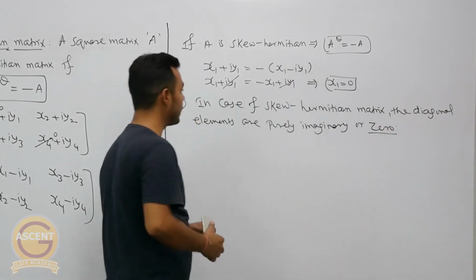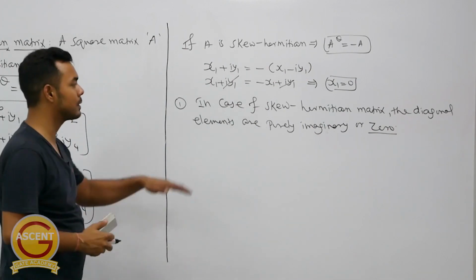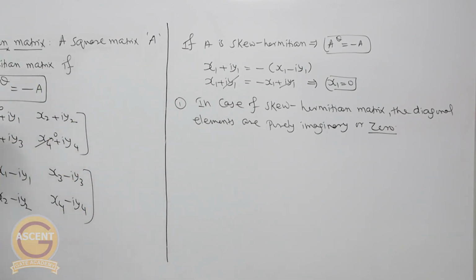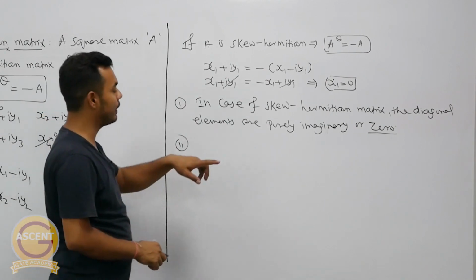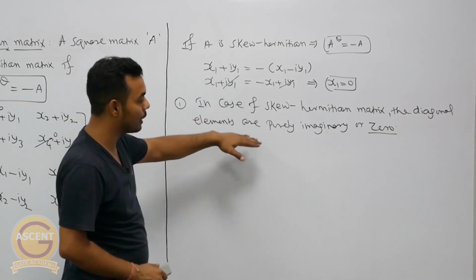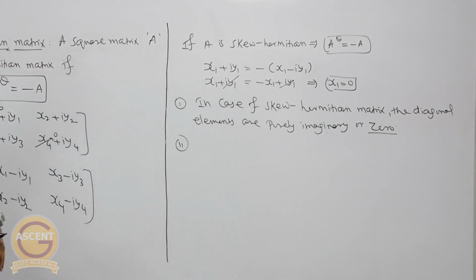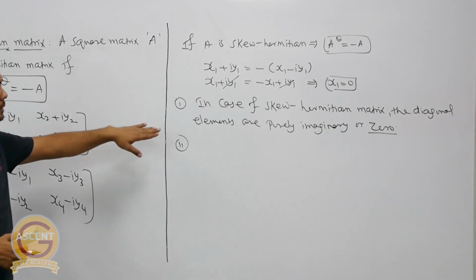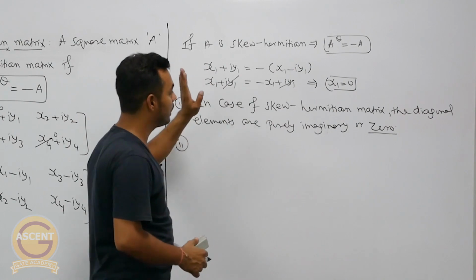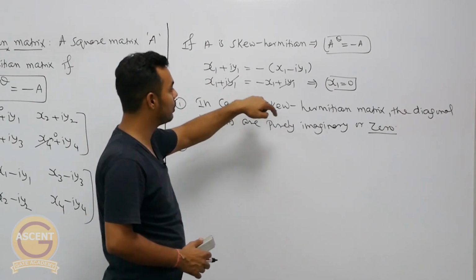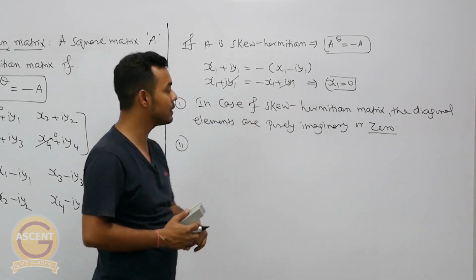So this is the first point related with a Skew-Hermitian matrix. The real part of diagonal elements of a Skew-Hermitian matrix is always 0. And the second important point is, see, in case of Hermitian matrix, the diagonal elements were purely real, but in case of a Skew-Hermitian matrix, the diagonal elements are either purely imaginary or 0. In Hermitian matrix, imaginary part was 0. Here the real part of diagonal element is 0.